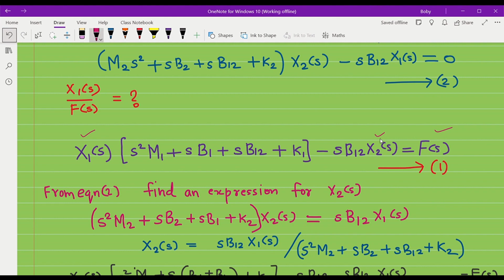So you can see here ഈ സെക്കൻഡ് ഇക്വേഷൻ, let's take the second equation, this one. ഓക്കെ, അപ്പോൾ ഇവിടെ ഈ x1 of s നെ നമ്മൾ റൈറ്റ് ഹാൻഡ് സൈഡിലോട്ട് കൊണ്ടുപോകുന്നു. That is this one, this term is equal to this term എന്നാവുന്നു. Okay, so you can see that is written here: s square m2 plus sb2 plus sb12 plus k2, into x2 of s is equal to sb12 into x1 of s.